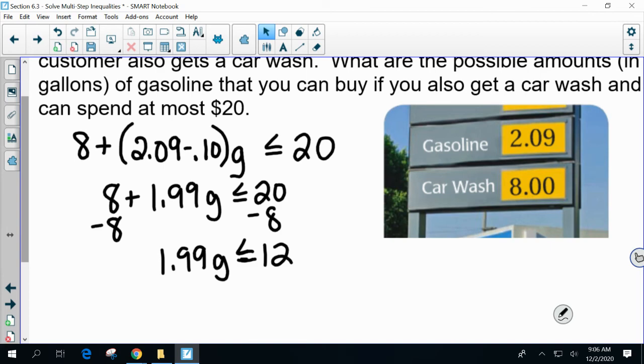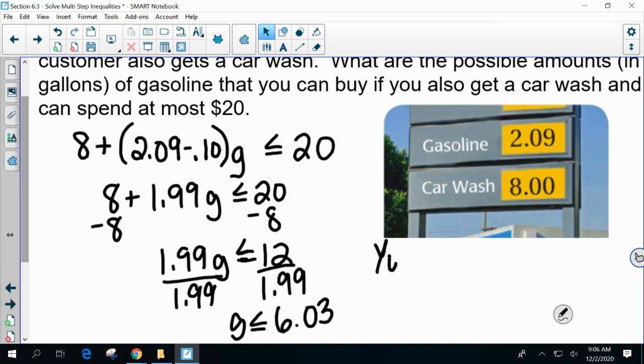So then I need to divide by $1.99. So g would be less than or equal to, what'd you get? 6.03.